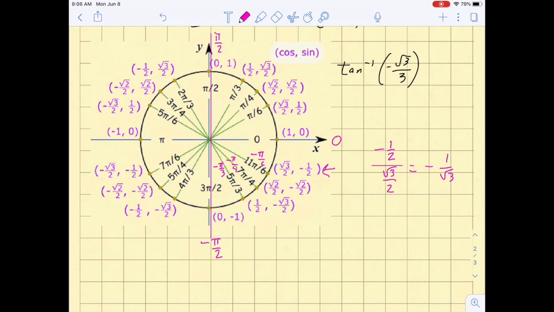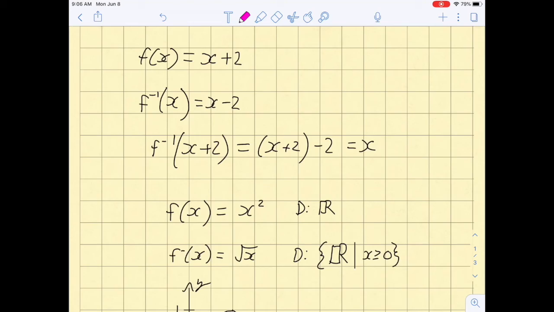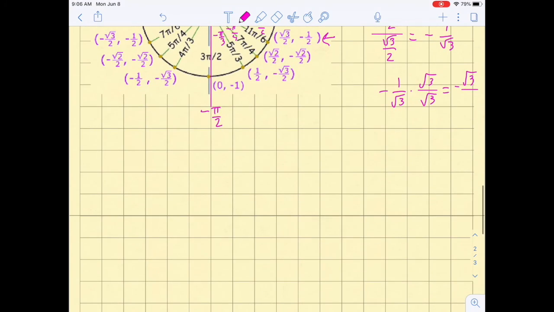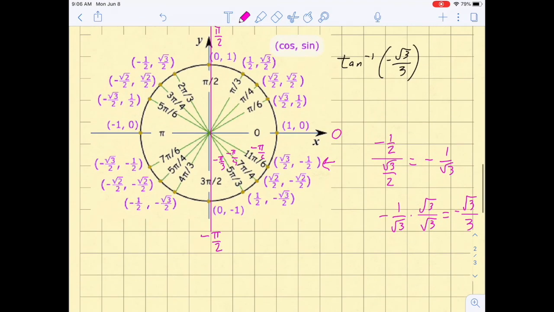But if we rationalize it, negative 1 over root 3, we don't like that root in the bottom, so we multiply it like this, and we get negative root 3 over 3. So it's going to be right there at negative pi over 6.